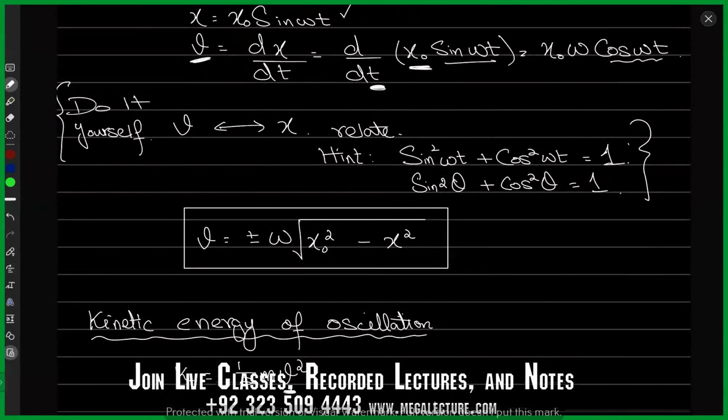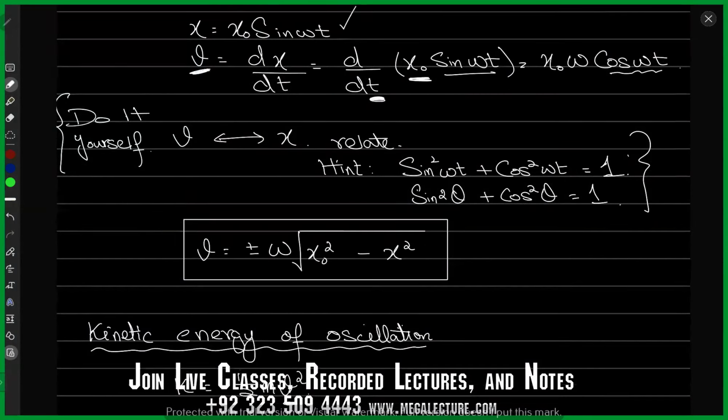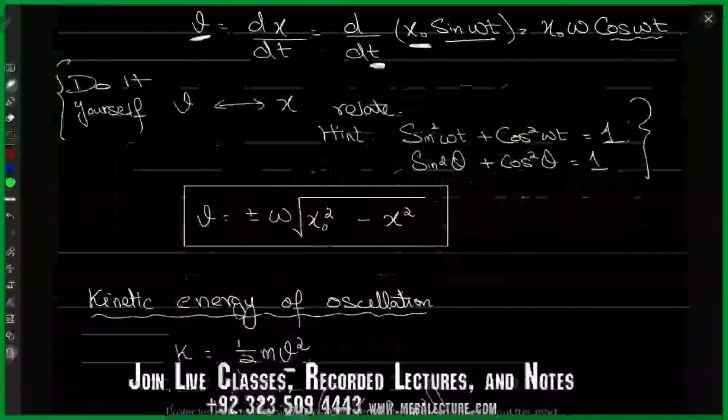From there, we can use, I gave this as an exercise, do this yourself. Use this identity, sine squared theta plus cos squared theta is equal to 1. You can see that in x you have sine, in v you have cos. So if you square both of these things and add them together, then you can find this relation, right?